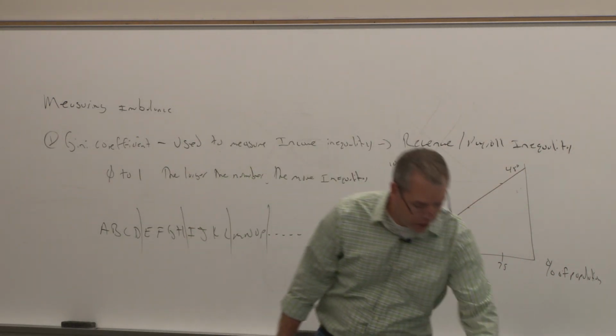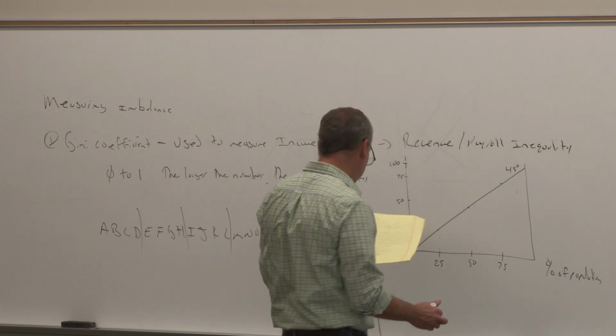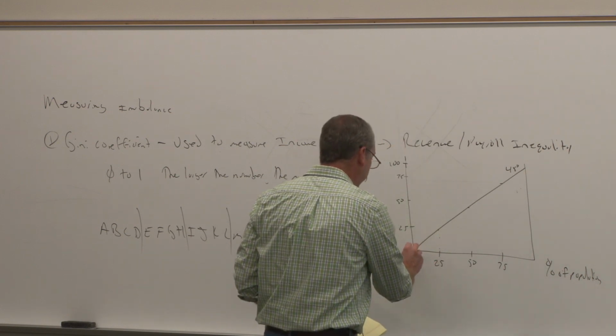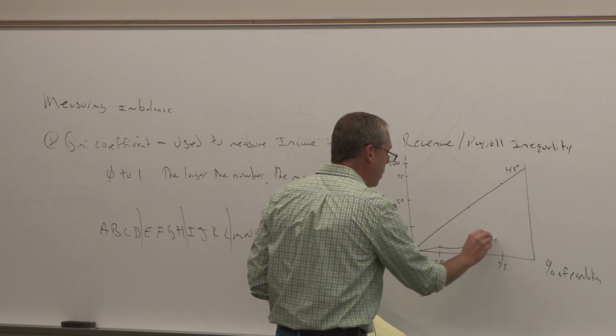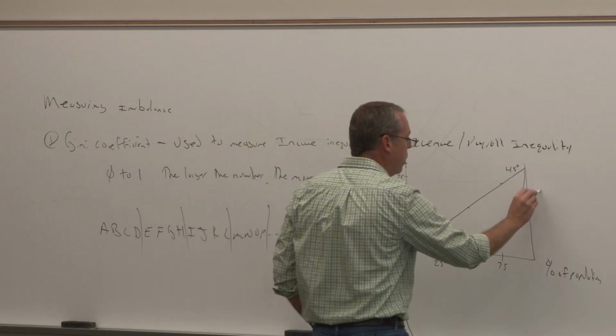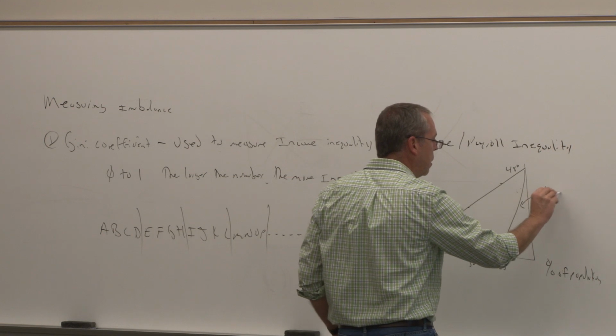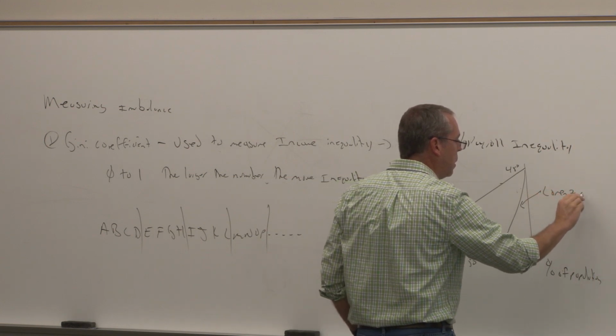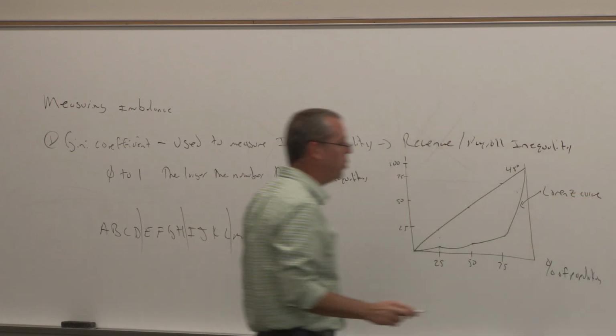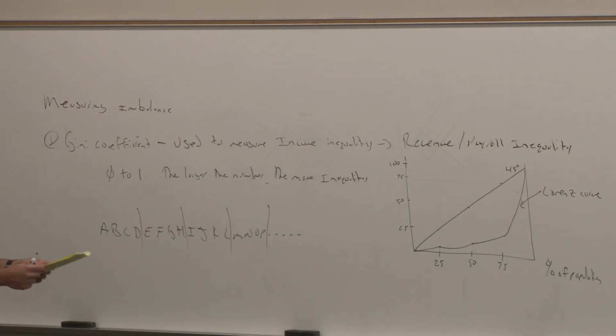But we don't have that. You've got something that kind of looks like this. This is called the Lorenz curve. Here's your Lorenz curve.